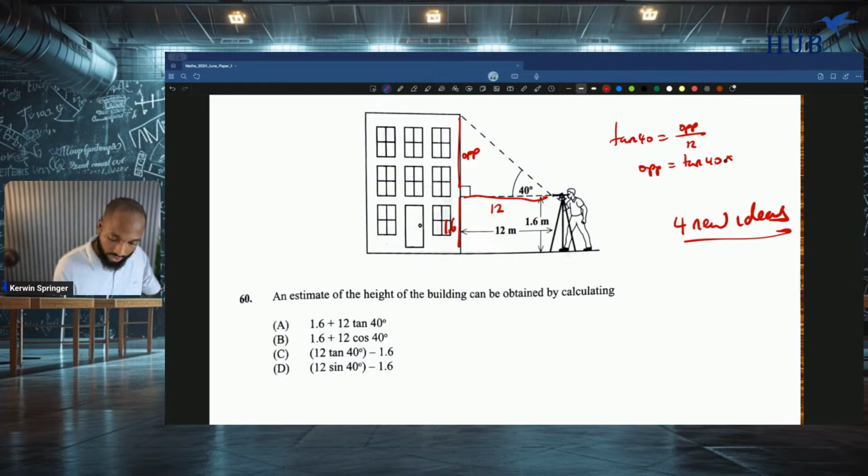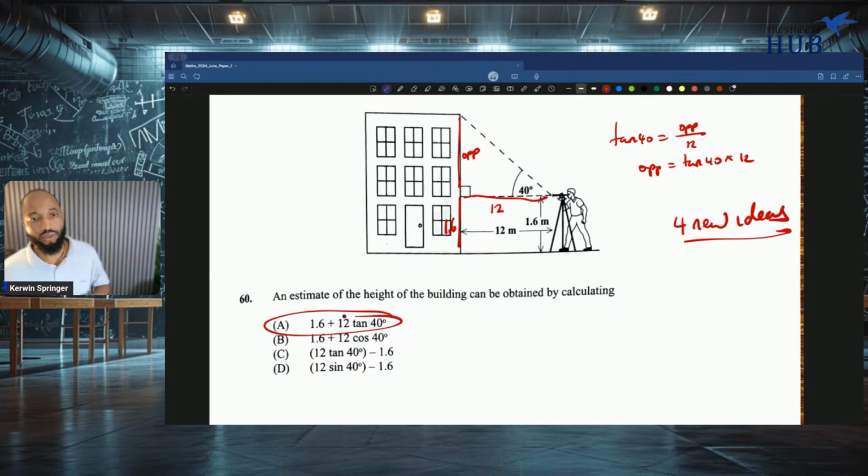So 12 tan 40. So we want 1.6 plus 12 tan 40, A. Another A. We finish off with an A. How fitting. 1.6 plus, just making sure, 12 tan 40. Yeah, looking proper.